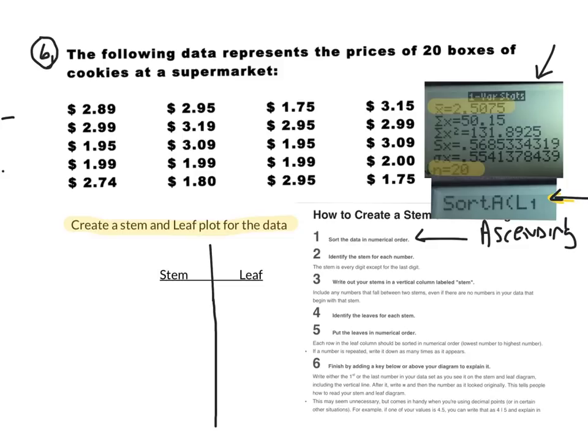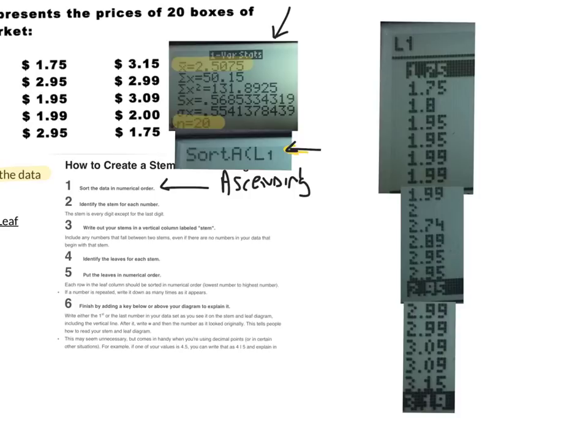Now, what we're going to do is this. Let's look at the numbers in ascending order. So here are all 20 of our numbers put in order, and what we're now going to do is identify the stem for each number. And the stem is every digit except the last digit.